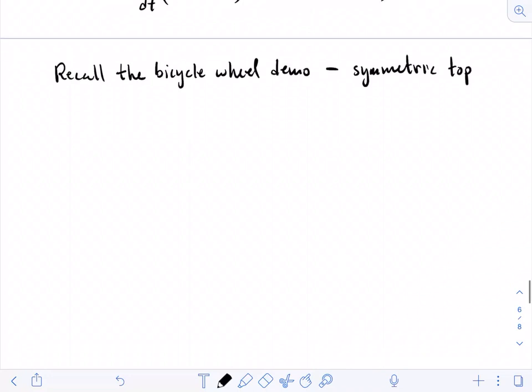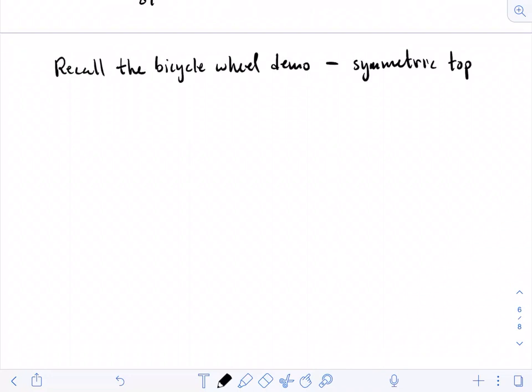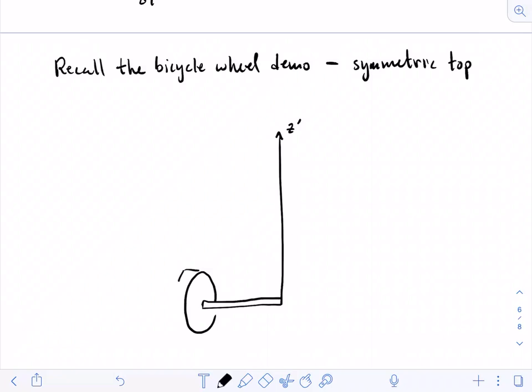Okay, so if I was to draw a picture, our string was our z prime axis in the fixed frame, and then we had a symmetry axis. Actually, let me draw it this way. This is our bike wheel or our symmetric top, whatever you like.